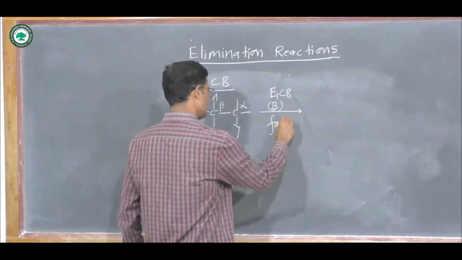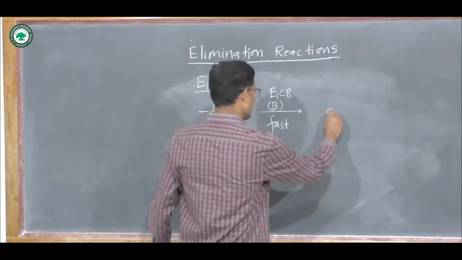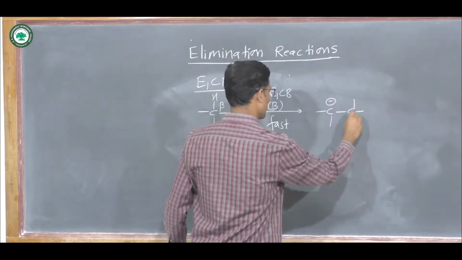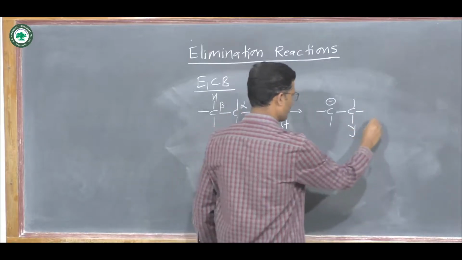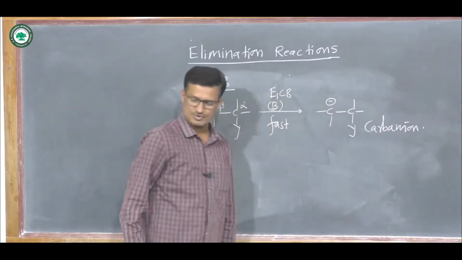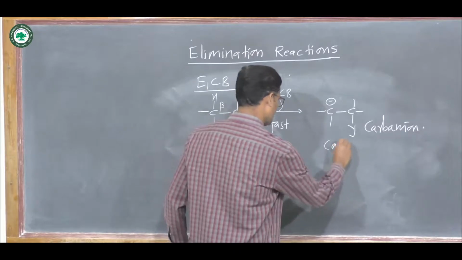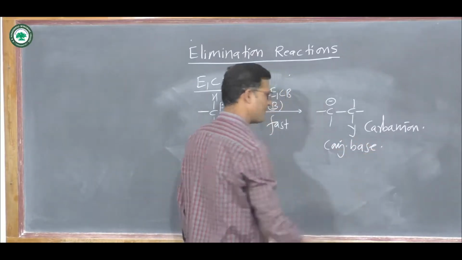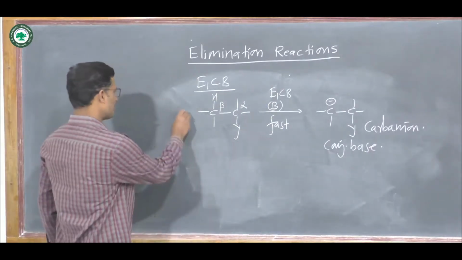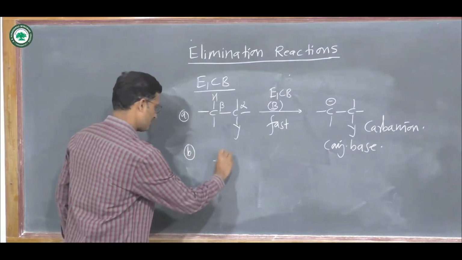The first step is a fast step, in which the base abstracts the hydrogen, and there is formation of a carbanion. Once the carbanion is formed, we call this the conjugate base. So in the first step there is formation of the carbanion, and in the second step there is formation of the product.